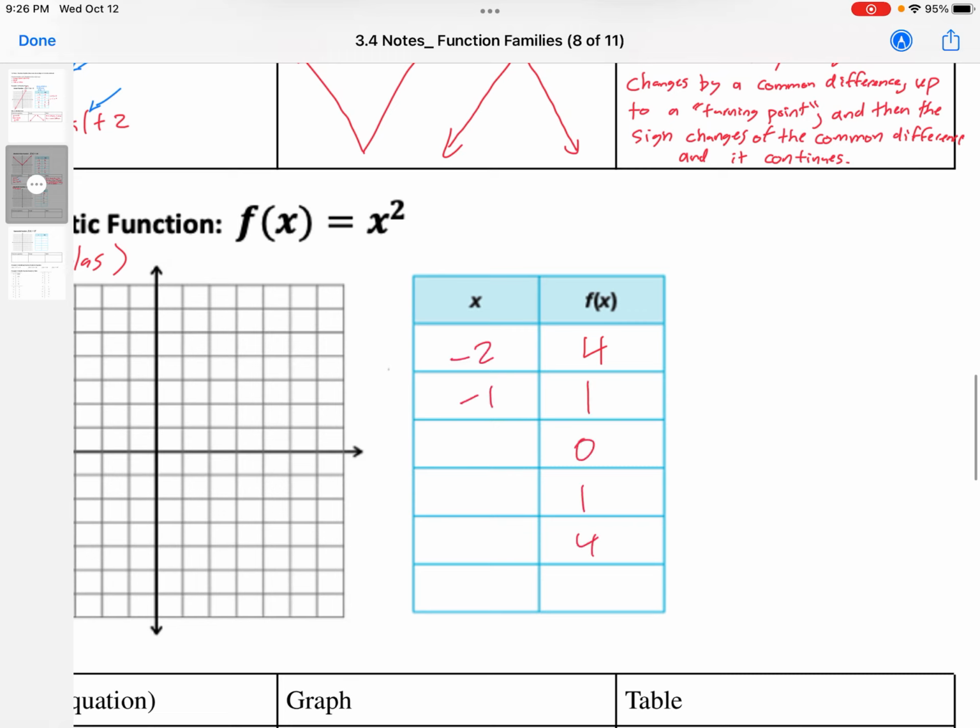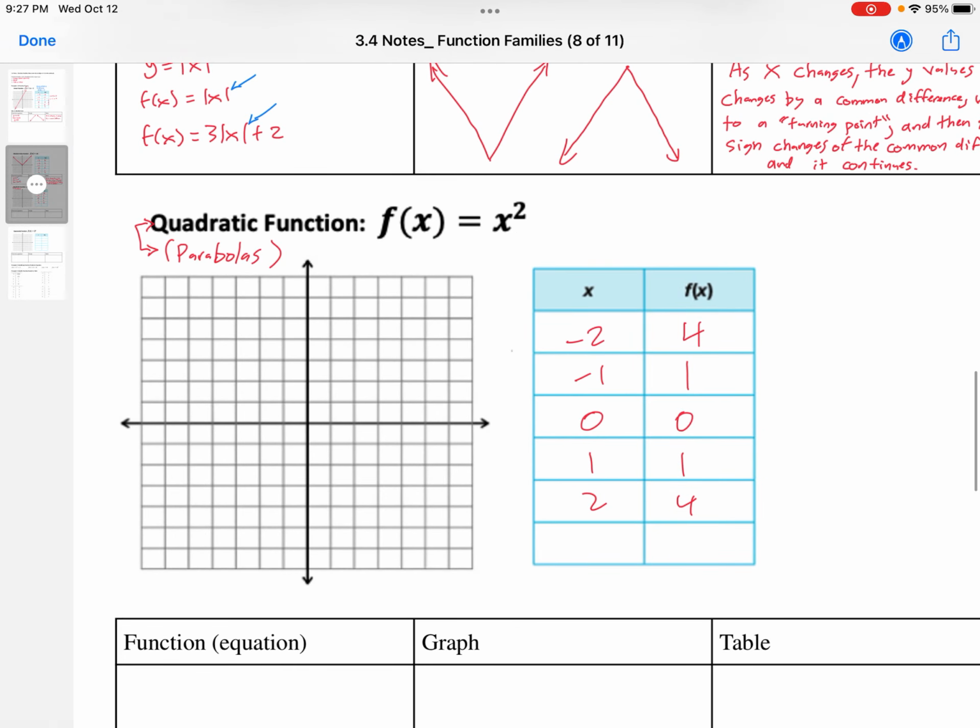One of the questions I got on the homework today, from the other 9th grade honors classes who had this assignment, was students asking me how to know where to start your table. Do you start at -3? Do you start at -2? What do you start at? The answer is, it doesn't really matter where you start your table.